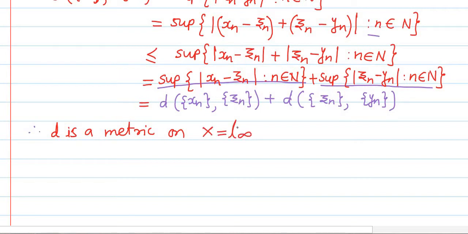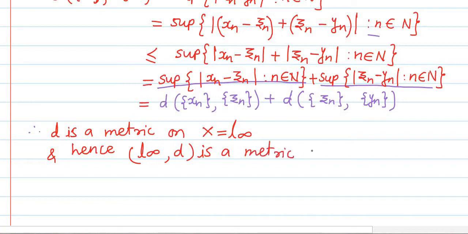Hence L infinity comma d is a metric space. This metric space is also called the supremum metric on L infinity.